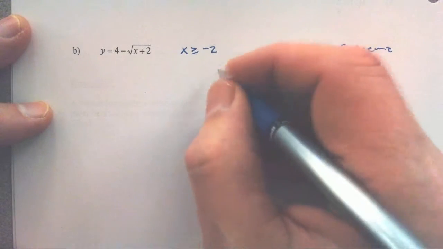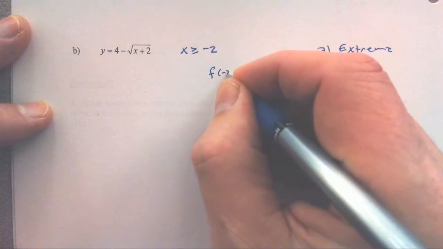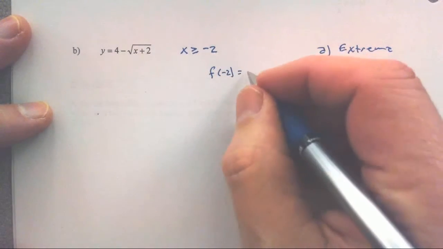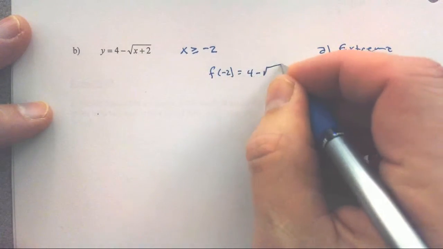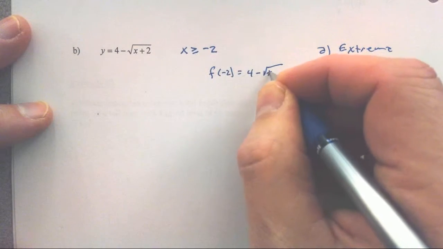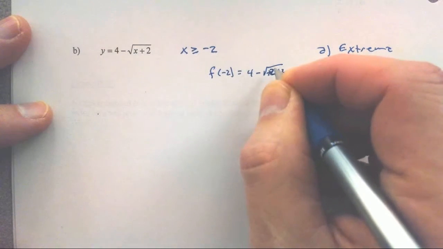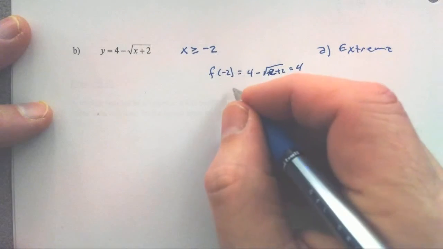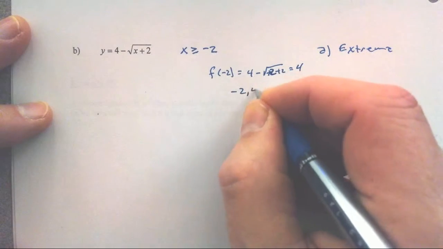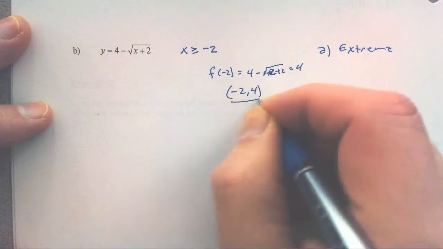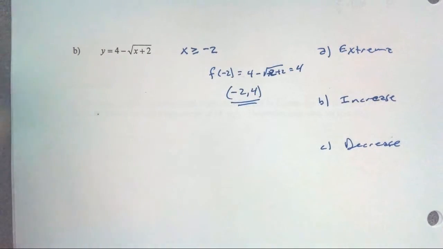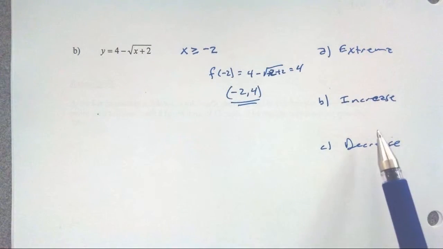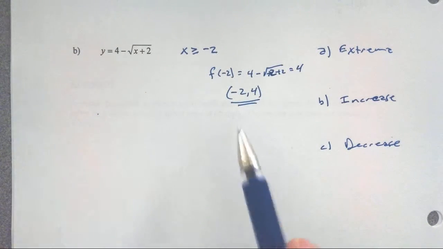So I'm going to want to find f of -2, and we can quickly see f of -2 gives us -2 plus 2, or 4, minus 0, 4. So we have a point at (-2, 4) that might be one of our extremes. It might tell us where we increase, where we decrease, but that actually is an endpoint.